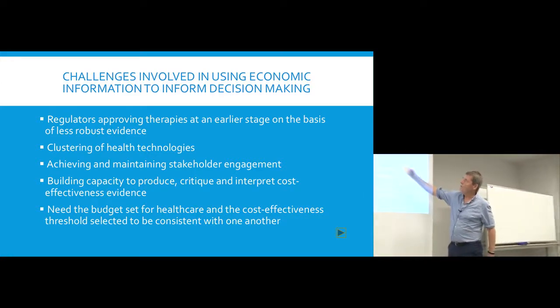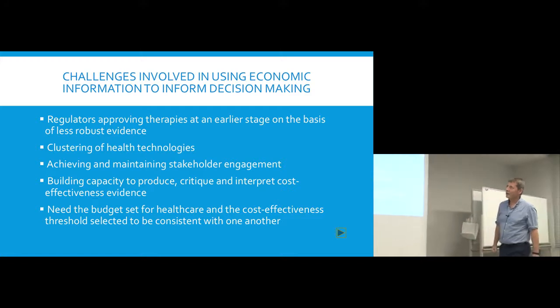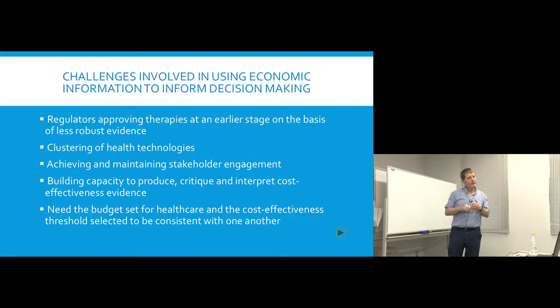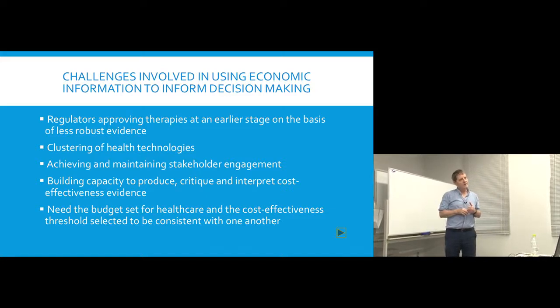Another challenge involved in using economic information is achieving and maintaining stakeholder engagement. And I touched on this, I think, on Tuesday. There's not much point looking at the cost effectiveness of a new drug if you aren't going to say no sometimes.